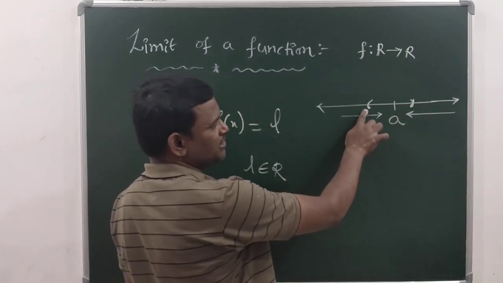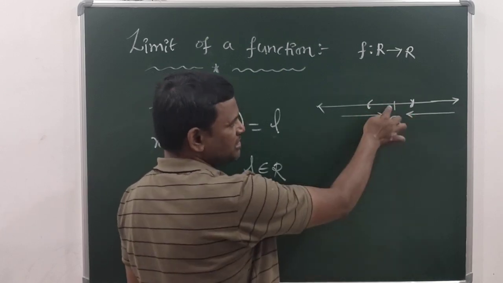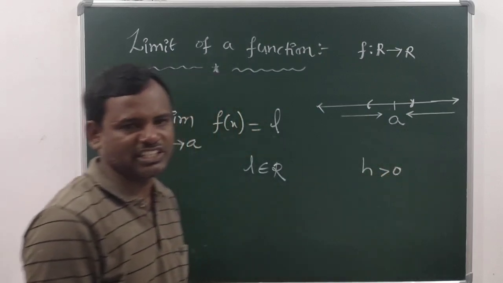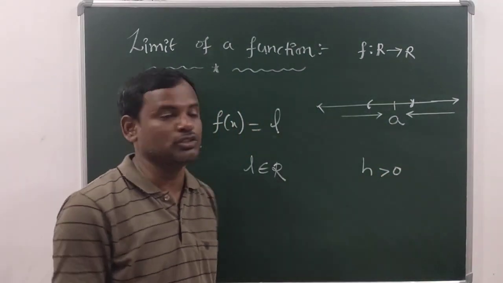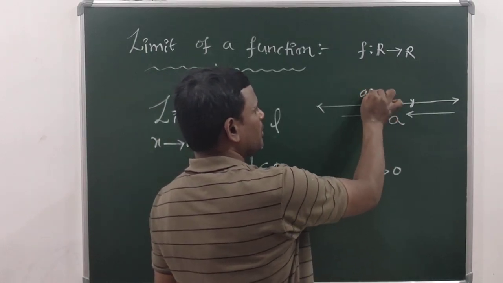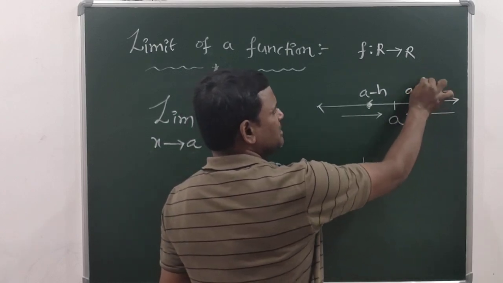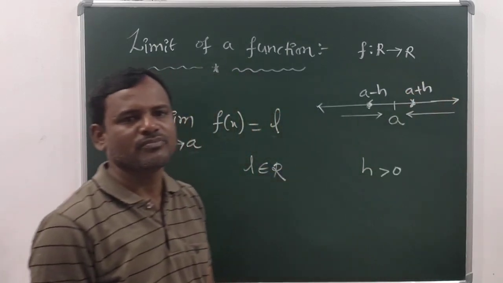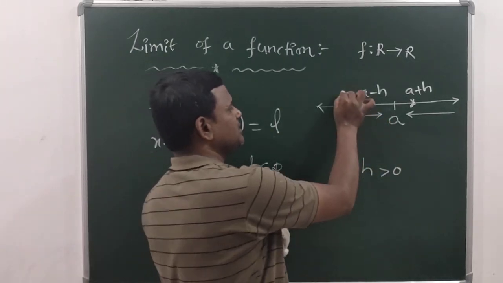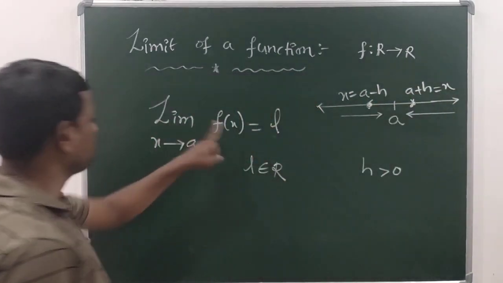But this is x, this is a. Between these two a narrow gap is there. How much is this narrow gap? Let it be h, a value very close to 0, but it should always be positive. Then this value will be a minus h on the number line, and this value a plus h on the number line. Yeah, actually what is this? x. What is this? x. Which we are going to substitute for x here.